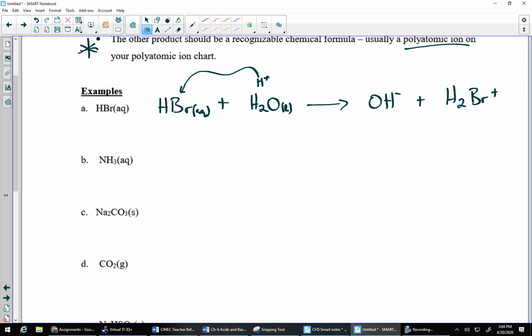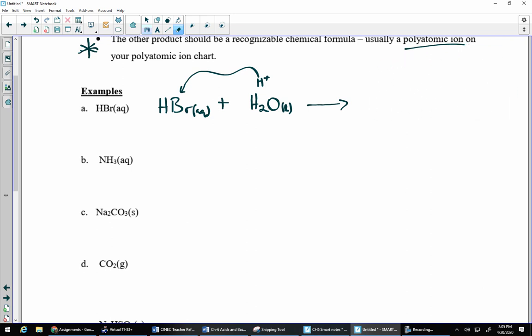OH negative, is that reasonable? That one's okay. H2Br plus? What? That's not a thing. It's not a polyatomic ion. It's not even realistic. If H has a charge of plus and Br has a charge of -1, there's no way we're ever going to get those. So that is junk. That's not going to work out for us.